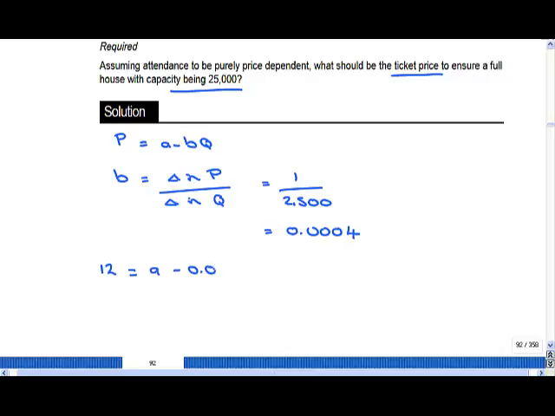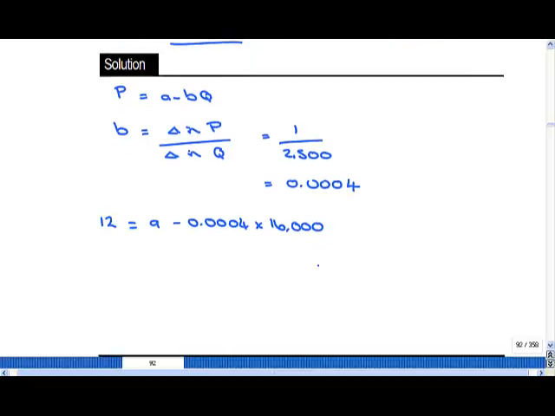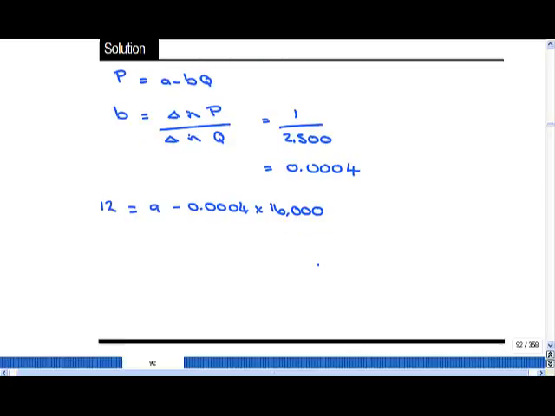B is 0.0004. And our quantity, when our price is $12, we get 16,000 in attendance. So what we now need to do is use this information to work out the value of A, our theoretical maximum price.